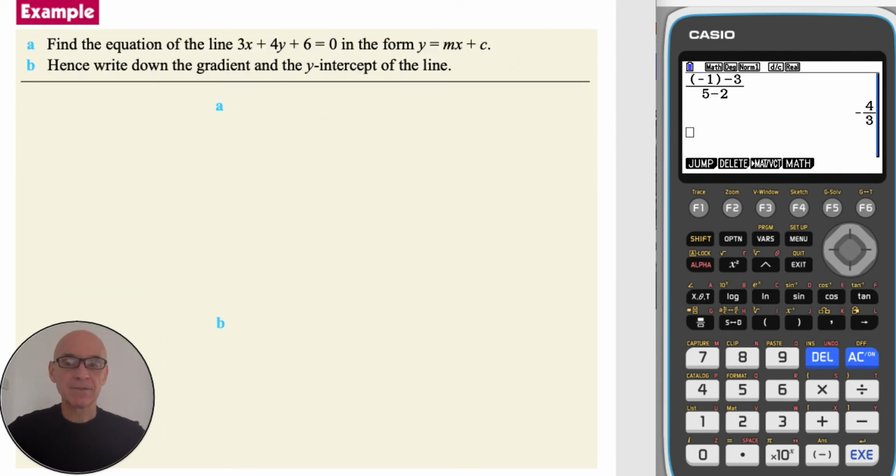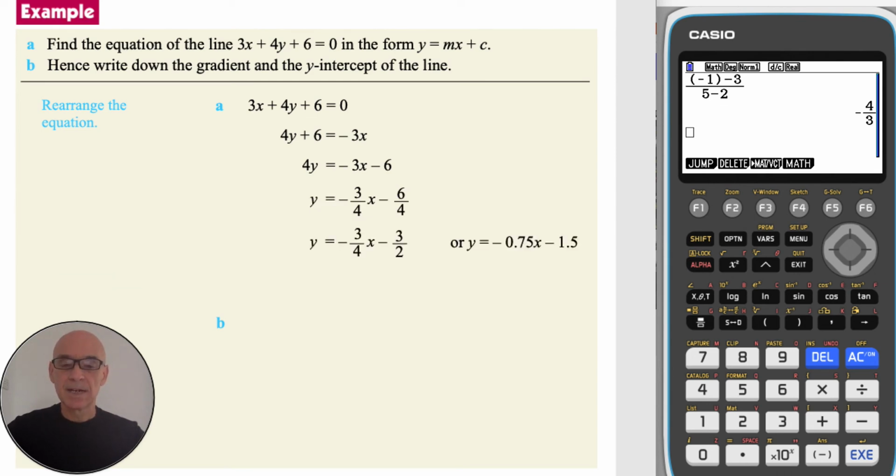In part A of this question, we're asked to find the equation of the line given in the form y equals mx plus c. So we have to rearrange the equation. Subtracting 3x from both sides, then subtracting 6 from both sides, and then dividing both sides of the equation by 4, and simplifying the fractions to give the answer shown.